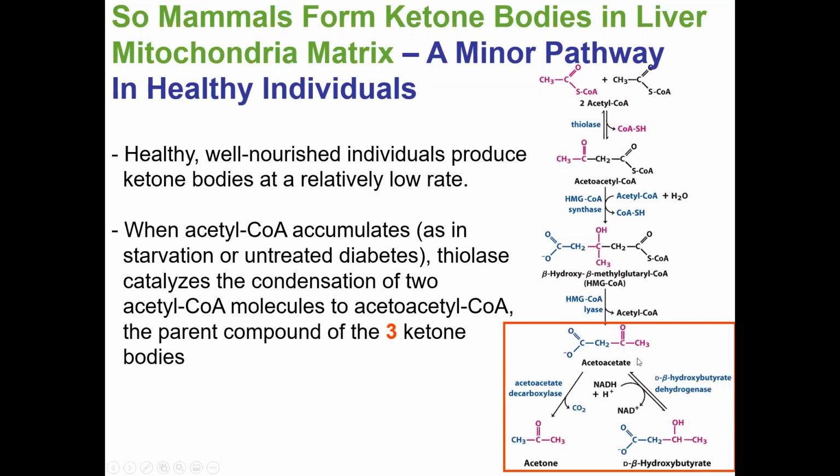It's a simple reduction reaction of that carbonyl carbon. That's how you memorize the structure, beta hydroxybutyrate. You oxidize that secondary alcohol, you make acetoacetate. That's the second ketone body. So what are the 3 ketone bodies shown here in the red box? Out of those 3 ketone bodies, beta hydroxybutyrate and acetoacetate can be utilized as fuel.